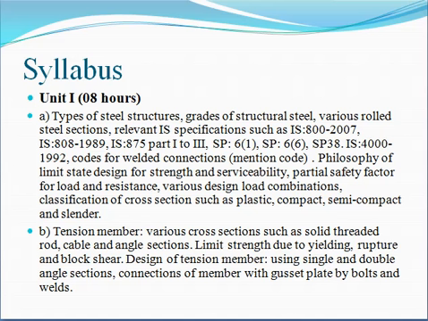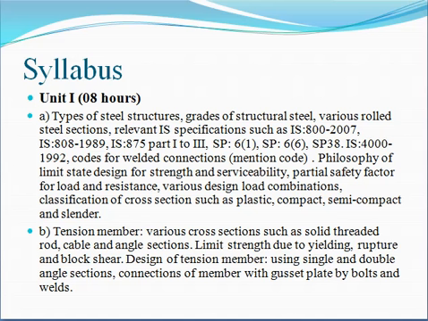After that, we will see part B of unit number 1, that is tension members, which include various cross sections such as solid threaded rod, cable, angle sections. In most cases, angle sections are used as a tension member. In that, we will see the three design strengths of the tension member: strength due to yielding, strength due to rupture, and strength due to block shear.